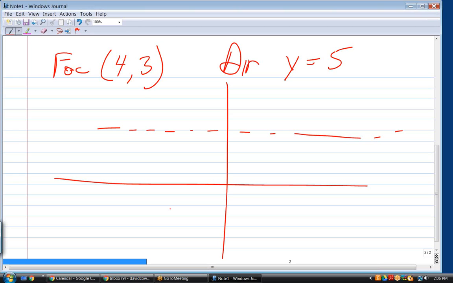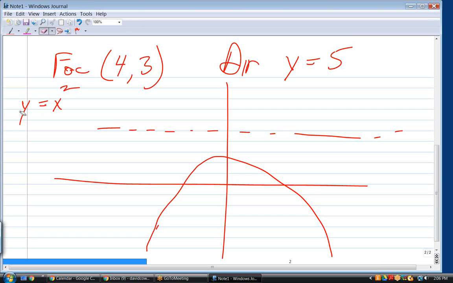Vertical. Correct. Not only that, but we know it opens down, because the directrix is always outside of the parabola. So this fits the general format that you've been taught for 2 or 3 years.